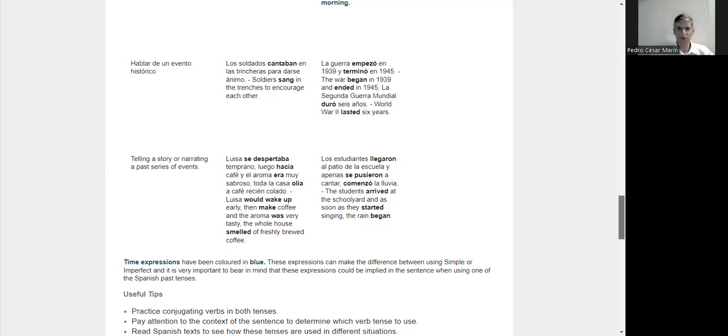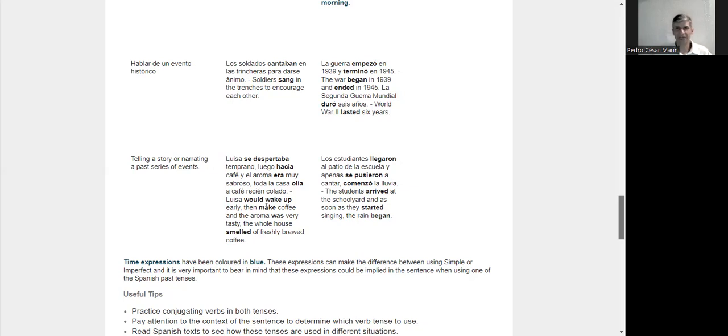So to finish this one, telling a story. Luisa would wake up early, then make coffee, and the aroma was very tasty. The whole house smelled of freshly brewed coffee. Usually we'll use that spirit to tell that kind of story with the imperfect. Luisa se despertaba temprano, luego hacía café y el aroma era sabroso por toda la casa.